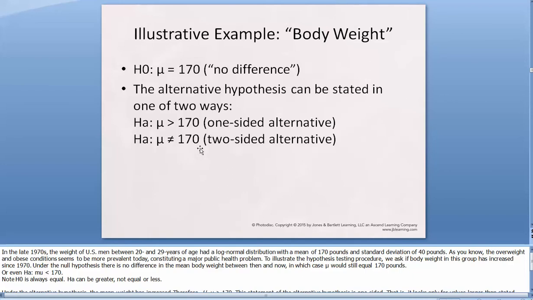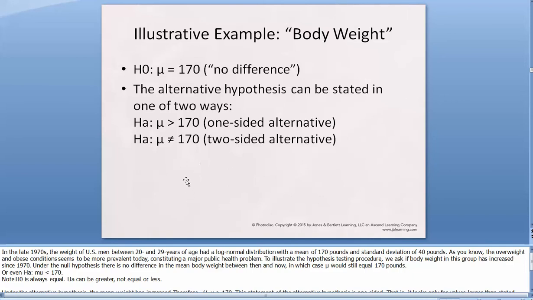If this is the case, you have a two-sided. Of course, we could have even had the other way, mu less than 170, if you think that men have lost weight compared to the 1970s. But the current trend may be that, compared to the 70s, men have increased their body weight. So one of these hypotheses would be the most sensible one, rather than the less than.